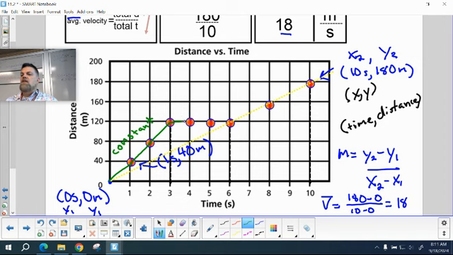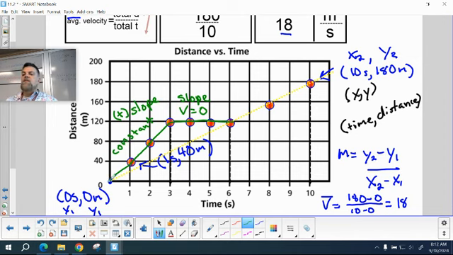From here to here, I should point out this is a positive slope, so it's moving in the positive direction. But from here to here, my slope, which is the velocity, is 0.